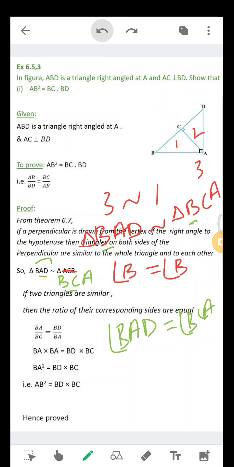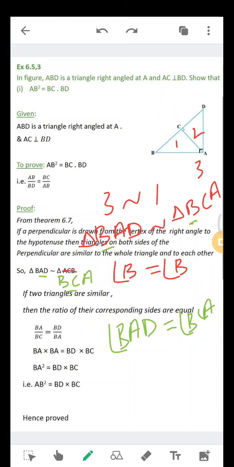So when you cross multiply, we get BA into BA, which you can write as AB also, that's nothing wrong. So BA into BA becomes BA square or AB square, and BD into BC. So finally we get AB square is equal to BD into BC.